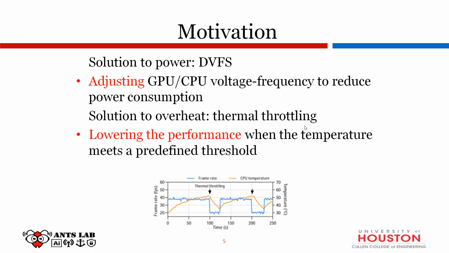But if we don't reach thermal throttling, and the CPU and GPU always run at a relatively high frequency, not at the upper bound, they will still get heated over time. It's going to reach a high temperature, and you do not want the CPU and GPU running at a temperature like that.